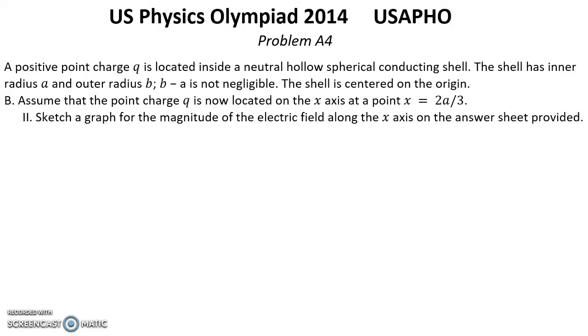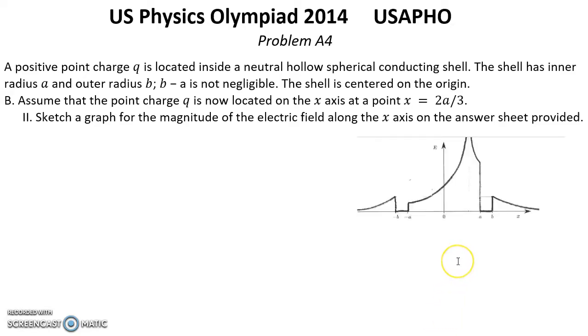So finally, we can sketch the graph for this electric field, and it will look like this. For x greater than b, from the right side and symmetrically from the left side, we have the same field as for a point charge in the center of the sphere.